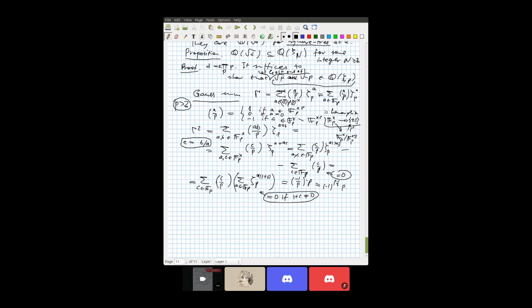So the sum turns out to be zero only in case p is odd.